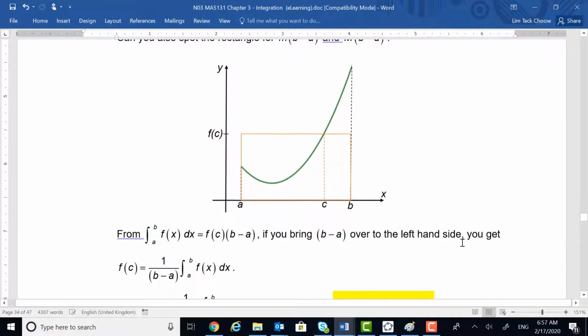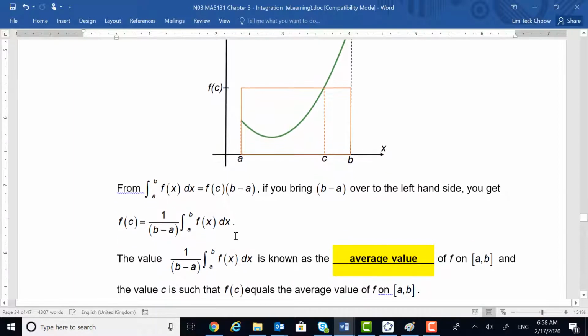And now, from this expression that we had just now, if you bring b minus a to the left hand side, you get this expression. So what you have here is f(c) is equal to this expression. This expression is actually called the average value of the function f on the interval a and b.